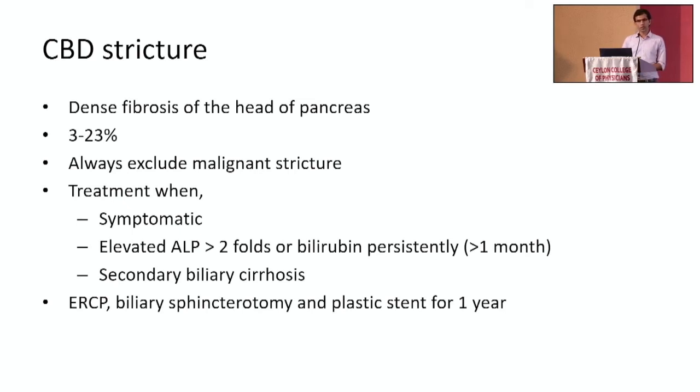That means jaundice, cholangitis, persistent elevation of alkaline phosphatase to about 2 fold, or persistently high bilirubin levels are indications to treat common bile duct strictures. The treatment options would be ERCP, biliary sphincterotomy, and stenting.